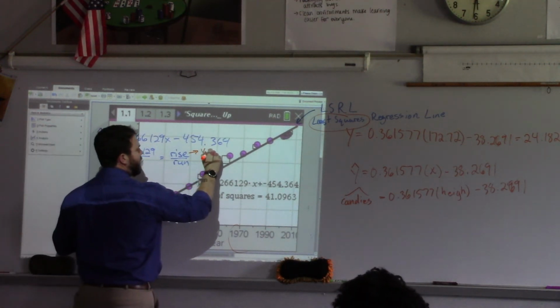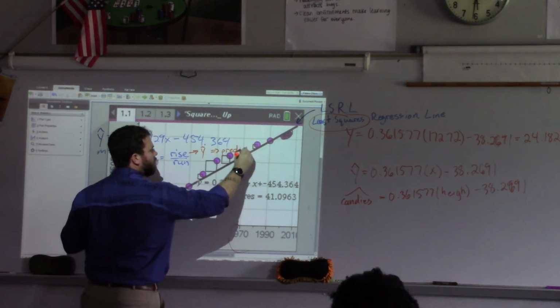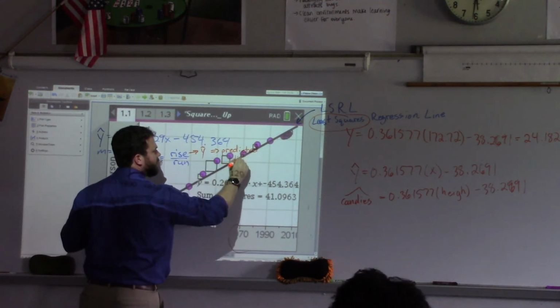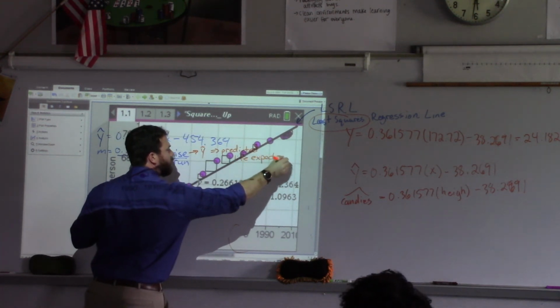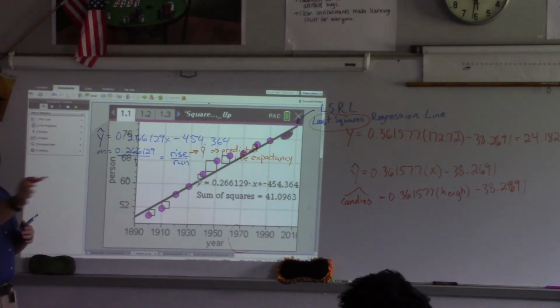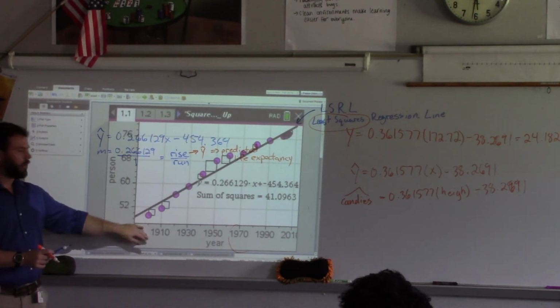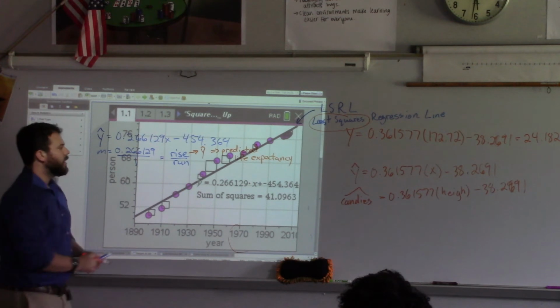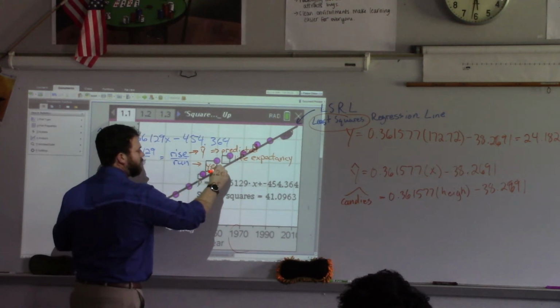So this was my predicted life expectancy. So what is the run? That's the year, right? The year since 0 AD. Notice how we're looking at 1900 here, and 1910 and 1920. So the run, that is the year.